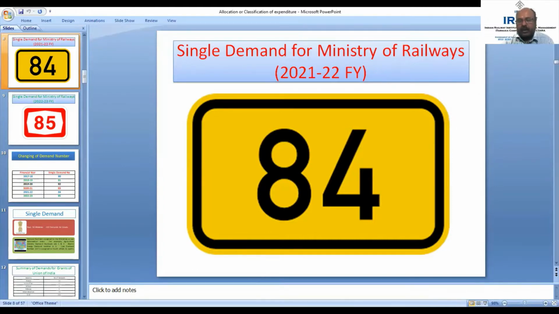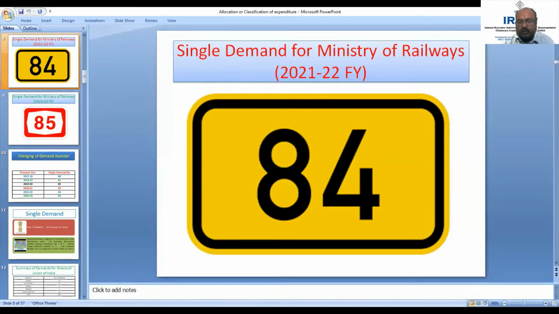Now we'll come to this single demand number. For Indian Railways, for the 2021-22 financial year, it is 84. The demand number 84 is assigned to the Ministry of Railways for the current year, and next year, 2022-23, it is 85. Why it is changing, we'll discuss.